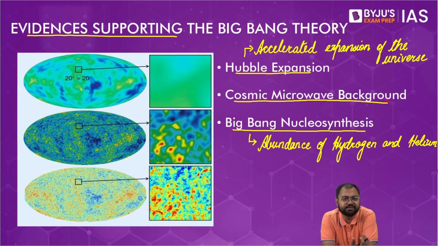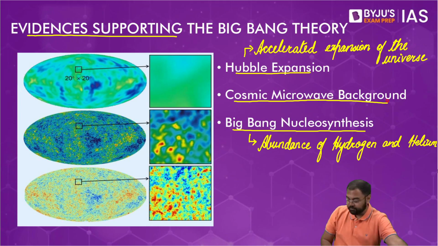So understand this term, cosmic microwave background. First word is cosmic. What is the meaning of cosmic? The space is called cosmic, right? Correct. Now, microwave. What do we mean by microwave?